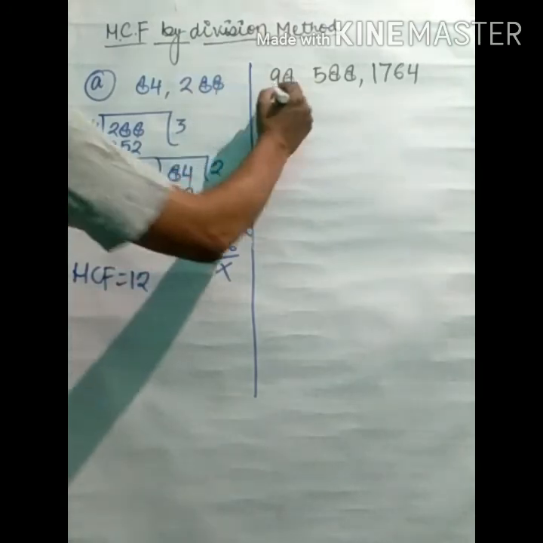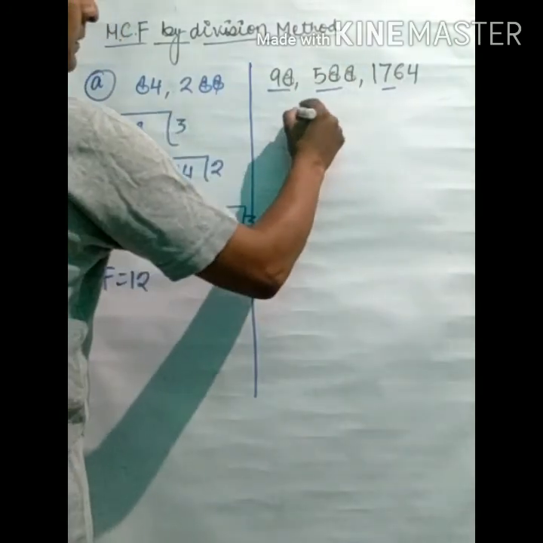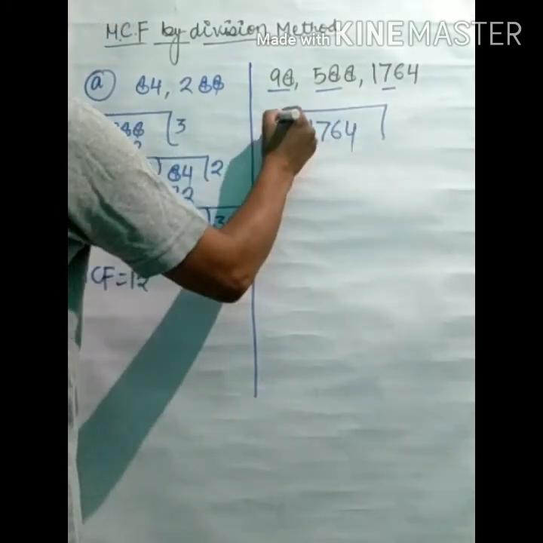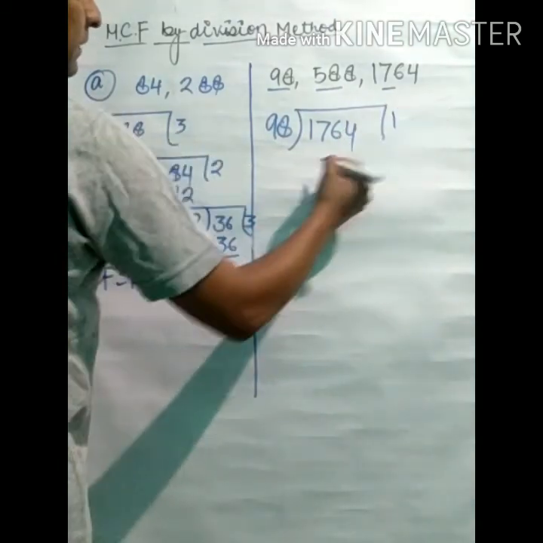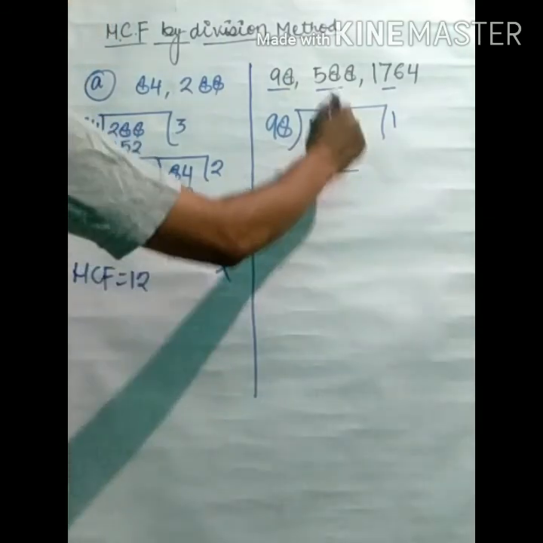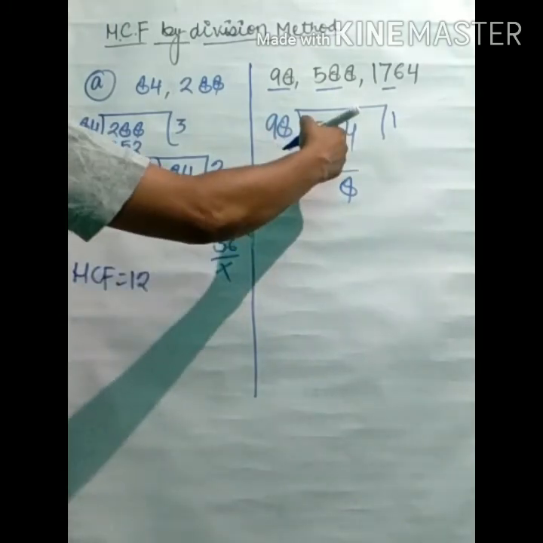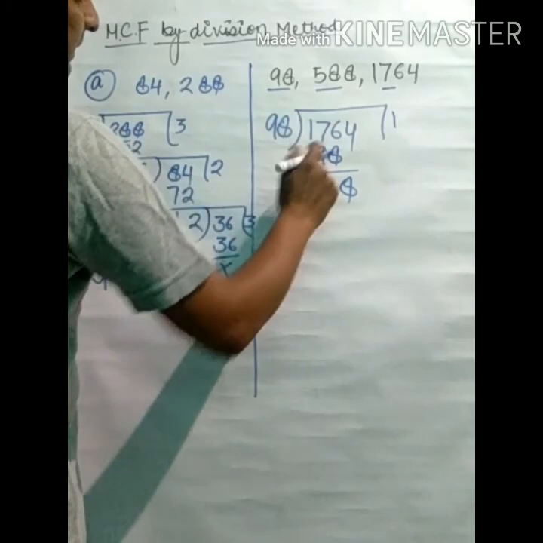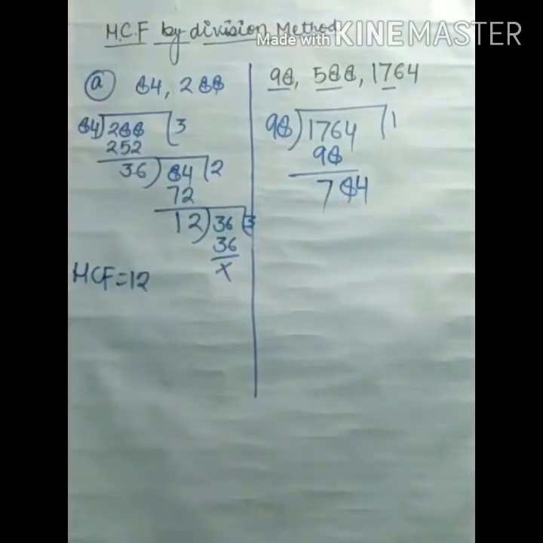In the next question, when we have 3 numbers, here also the largest number is 1764. This is divided by 98. First of all, one time 98, then subtract it. 16 minus 8 is 8, here left 6, and then 16 minus 9 is 7, 4 you have taken carry.